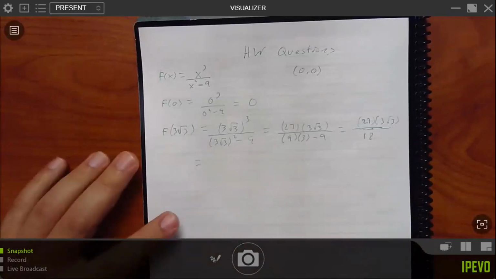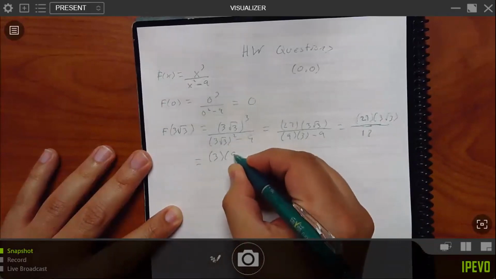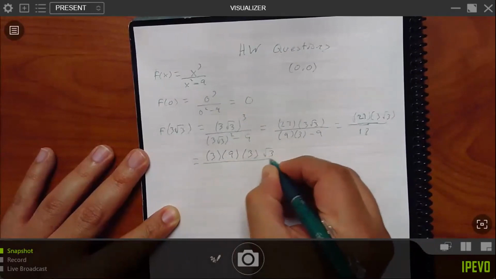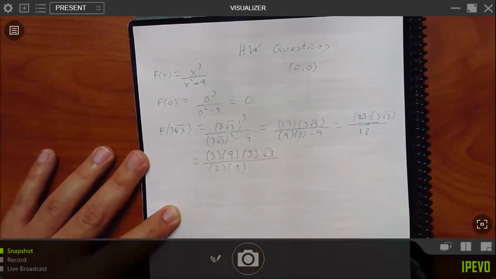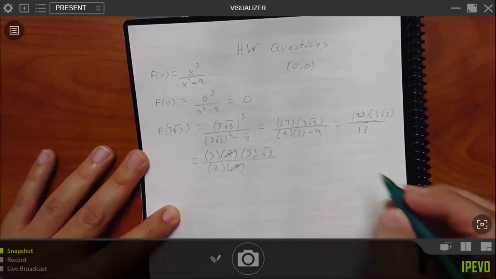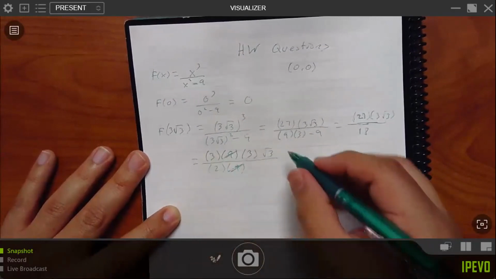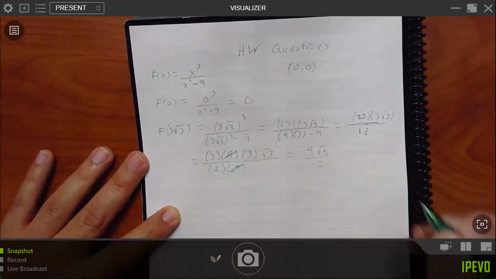Oh, 9s. Isn't there a 3? So I can rewrite it like this, just so I don't have to do stuff in my head. Right, 2 times 9 is 18, so this will cancel. Looks like this 2 will stay. 3 times 3 is going to be 9, so our answer will be 9 root 3 over 2.